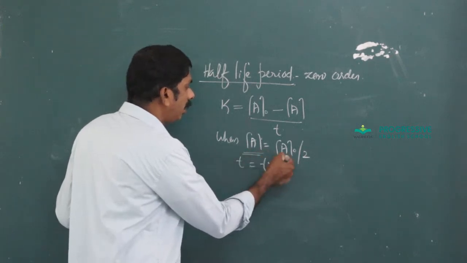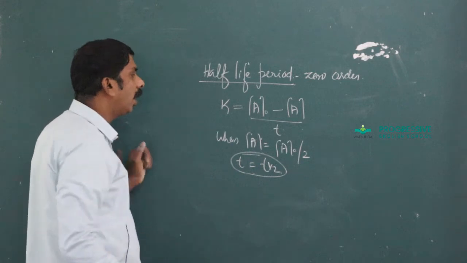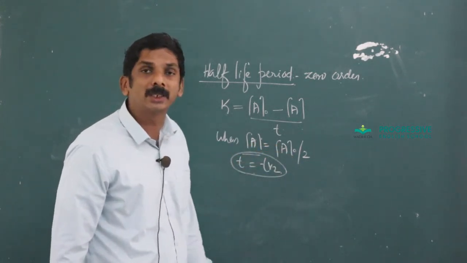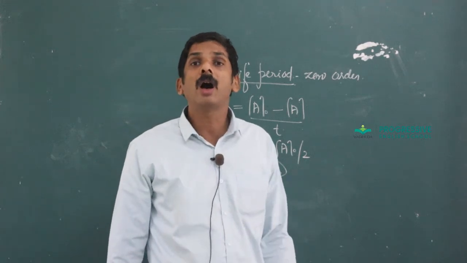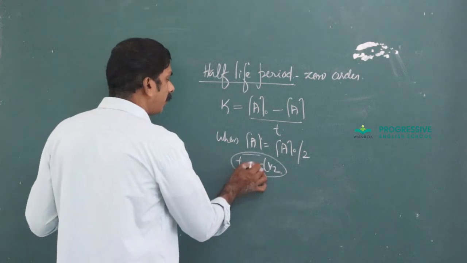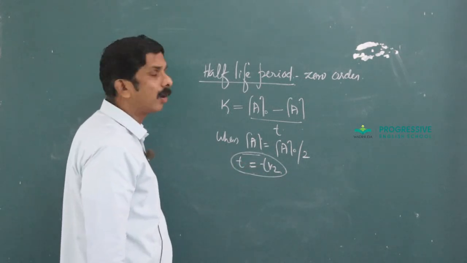When A equal to A0 by 2, T equal to T half.